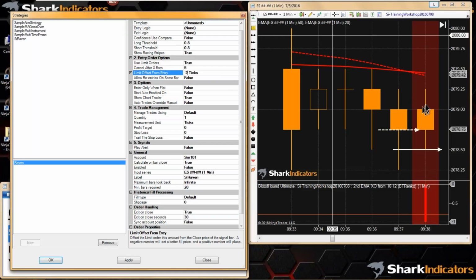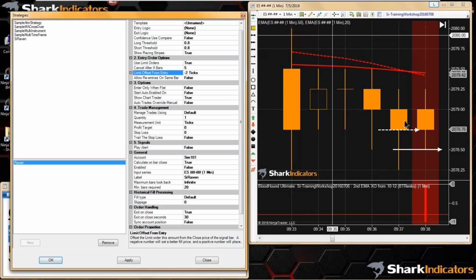If it is a short trade like this, then your limit order gets placed up a couple of ticks. So this negative value just means you get a better fill. A positive value means you get a worse fill. So this negative value is automatically adjusted depending on whether it's a long trade or a short trade for you.